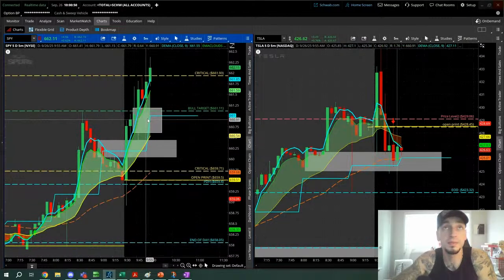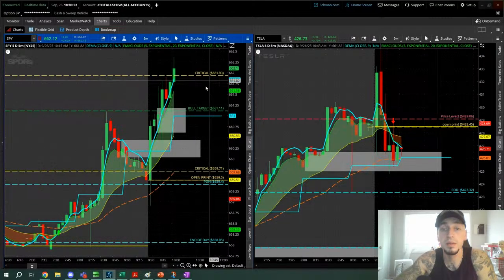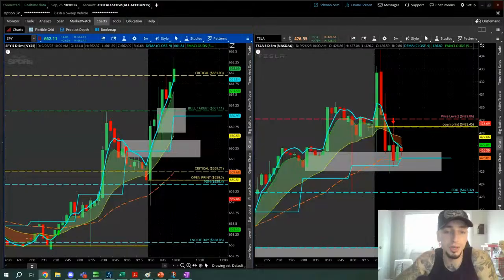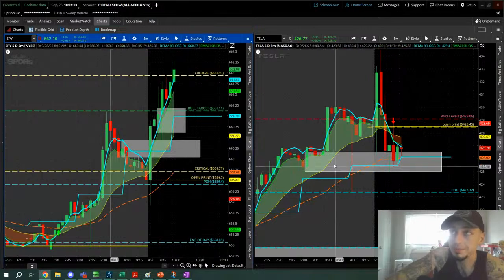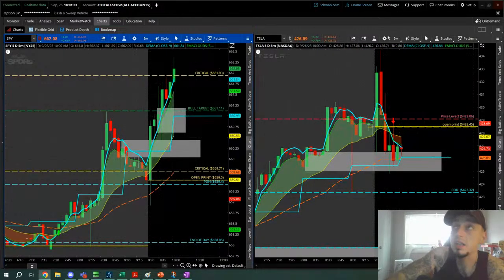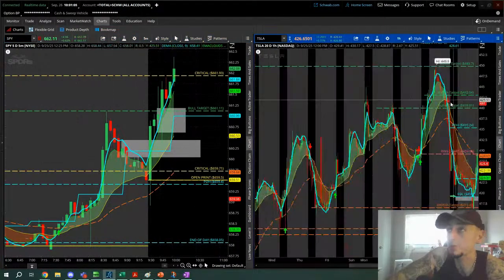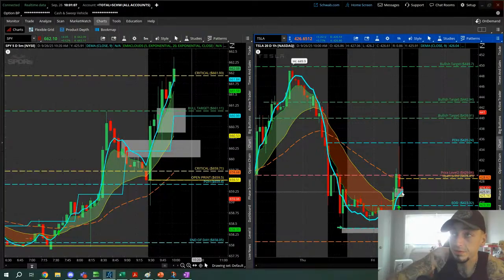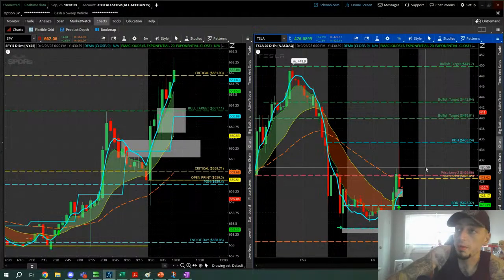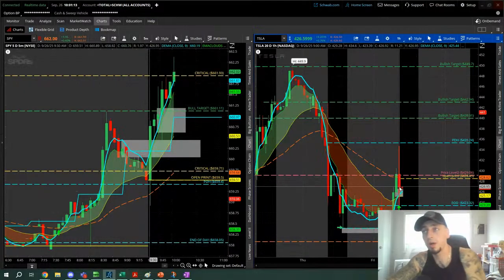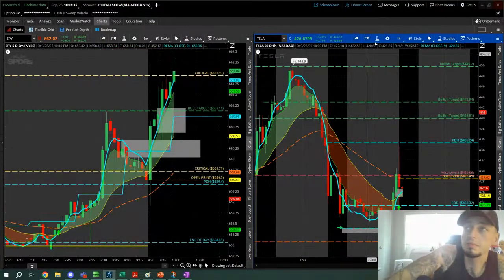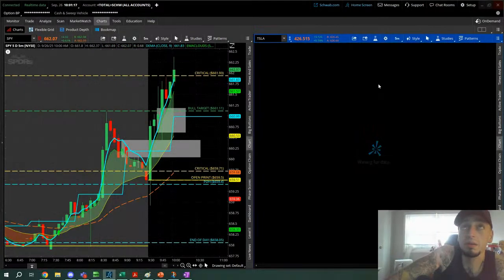NQ has broken that area of value, and the moving averages are holding well. Tesla is showing up right here at the 1 hour trend. But we just had a lot of selling on Tesla in the morning. So right now we're just playing it as it comes.